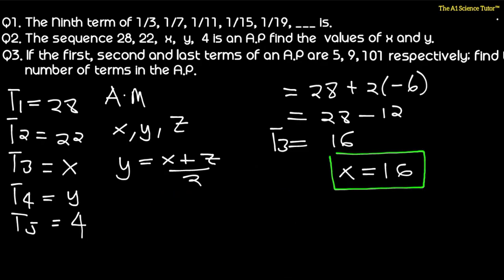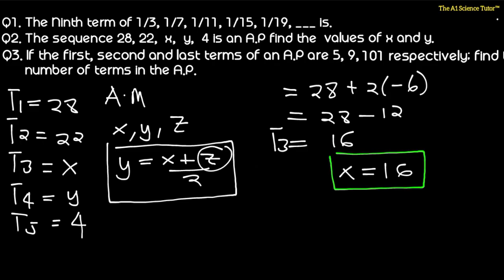Now let's use this formula. We know that y is actually supposed to be x plus z divided by 2. Now what is x? We have actually found x to be 16. Now z is actually the last term, which is the fifth, and that is going to be 4.